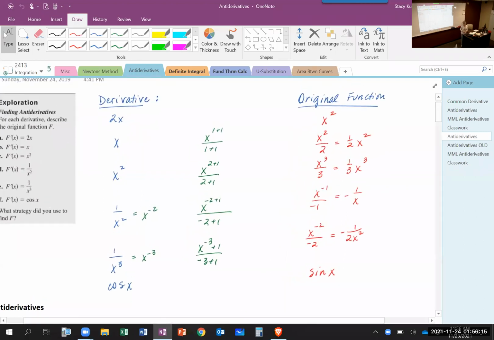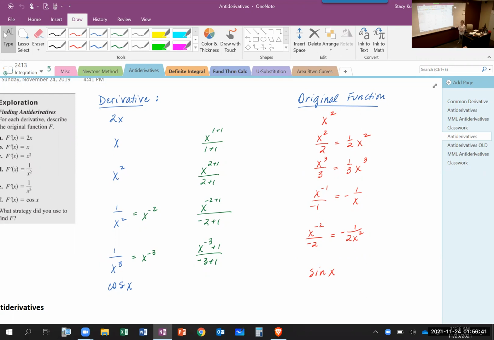So you should have something that looks like this. For 2x, if the derivative is 2x, the original function was x squared, right? If the derivative is x, then the original function had to be 1/2 x squared.